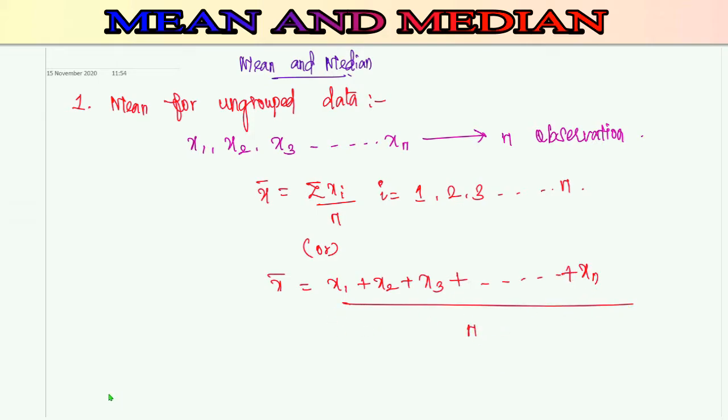To find the mean of any set of observations, divide the sum by the total number of observations. This mean is also known as arithmetic mean or average.